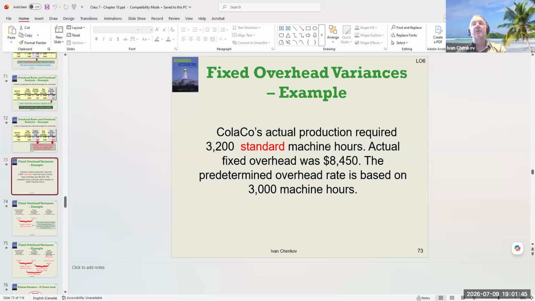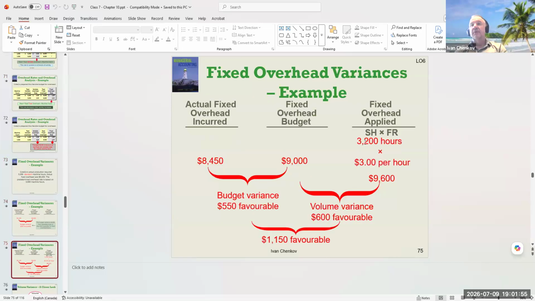That's our actual production required, 3,200 standard machine hours. So once we compare, 3,200 times $3 gives us $9,600, the capacity at which our fixed overhead can go up to. In reality, we budgeted less, on the 3,000.